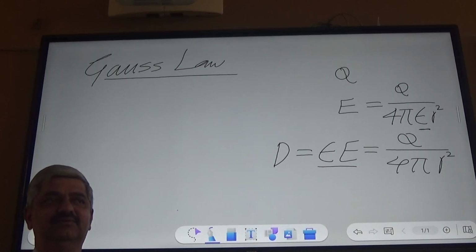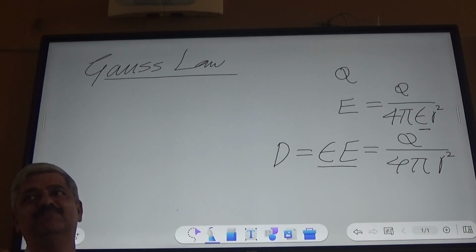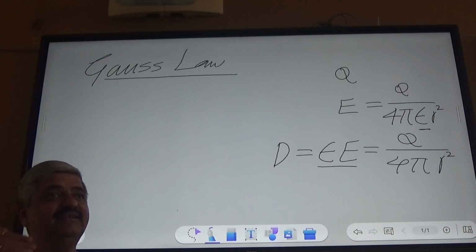So a surface is a collection of uncountable infinite points connected to each other, neighboring points, in such a manner that, how will you complete a sentence?